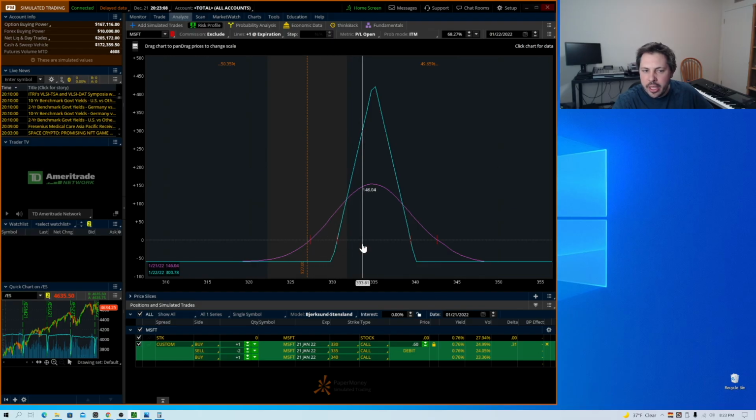If this asset is near this 335 middle short strike, we would be able to sell this for 153 bucks. As it gets closer, you're able to capture the decay of those middle options and the intrinsic value of the wing.